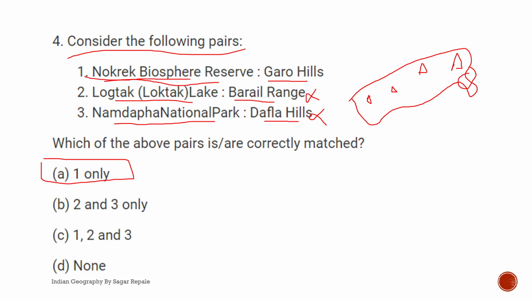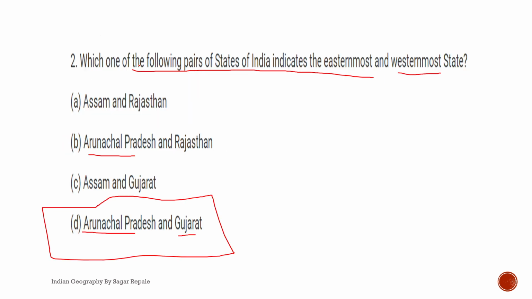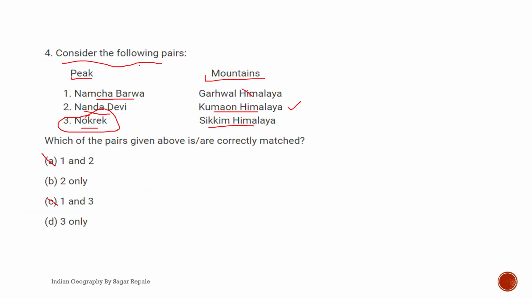So I keep on telling that UPSC keeps on repeating the questions. They keep on repeating the important biosphere reserve, important river. One year they asked you about Nokrek Biosphere Reserve, and last year they asked you about Nokrek Peak. So Nokrek Peak is located in what? Garo Hills and not in the Sikkim Himalaya. So this is wrong. So correct option is option number two. Option number two only, that is option B.